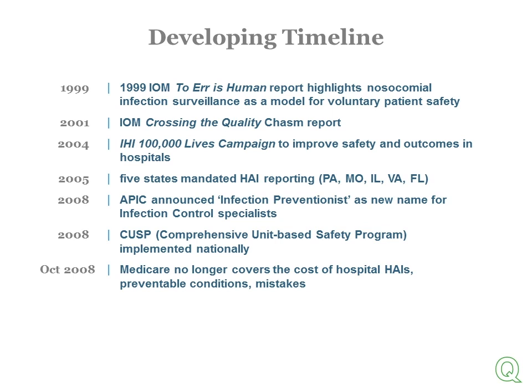The following year, the first 5 states were introduced mandating HAI reporting: Pennsylvania, Missouri, Illinois, Virginia, and Florida. In 2008, APIC changed the name of the infection control professional to infection preventionist, highlighting a clear shift in the role of the profession to prevent infections.